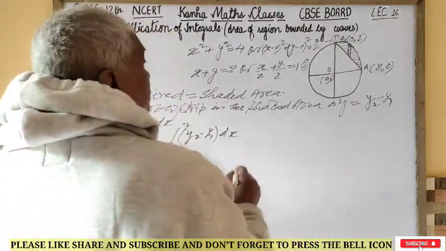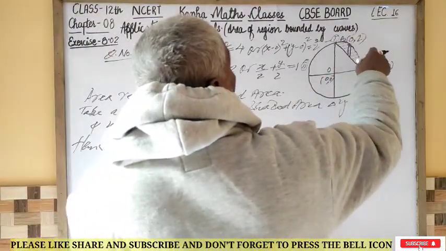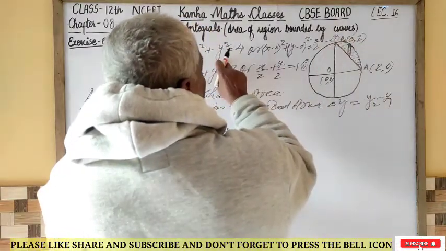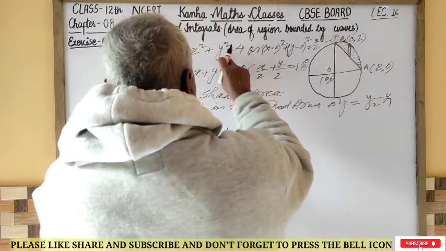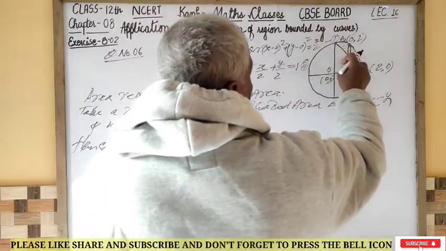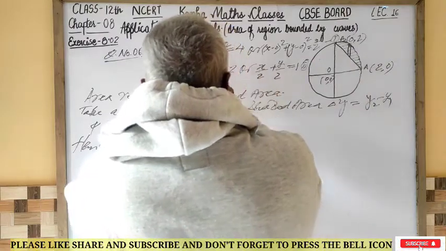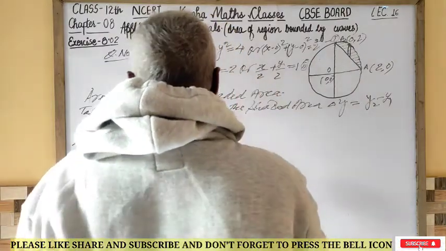This y2 is the value of y based on the equation of the circle. y1 is the value based on the straight line x plus y equal to 2.